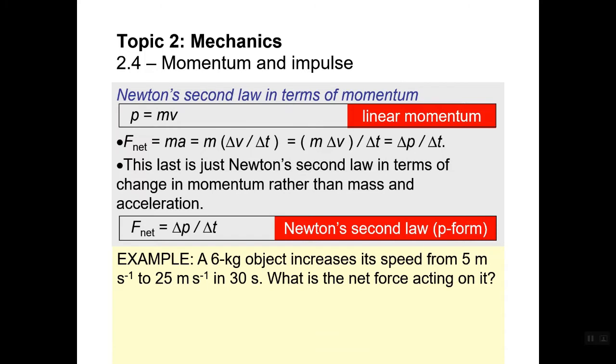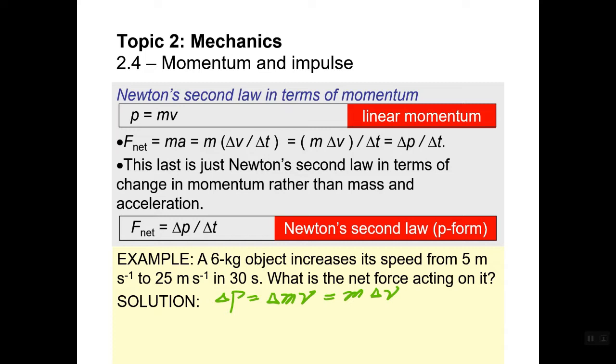Example: a 6 kilogram object increased its speed from 5 meters per second to 25 meters per second in 30 seconds. What is the net force acting on it? So we just defined Newton's second law, which is net force equals rate of change of momentum. Change in momentum equals change in mass times velocity.